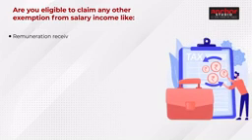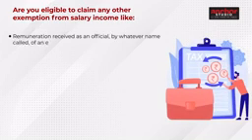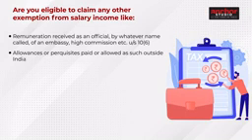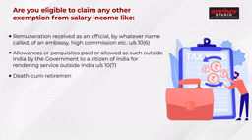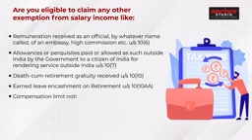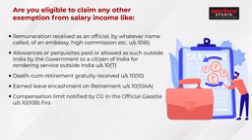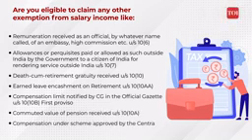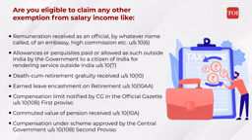Are you eligible to claim any other exemption from salary like remuneration received as an official by whatever name called of an embassy, high commission, allowances or perquisites paid or allowed as such outside India by the government to a citizen of India for rendering services under section 10(7), death cum retirement gratuity received under section 10(10), earned leave encashment on retirement under section 10(10)AA, compensation limit notified by central government in the official gazette under section 10(10)B, first proviso, commuted value of pension received under section 10(10)A, compensation under scheme approved by the central government under section 10(10)B, second proviso.